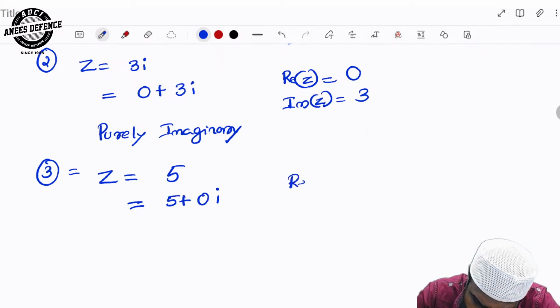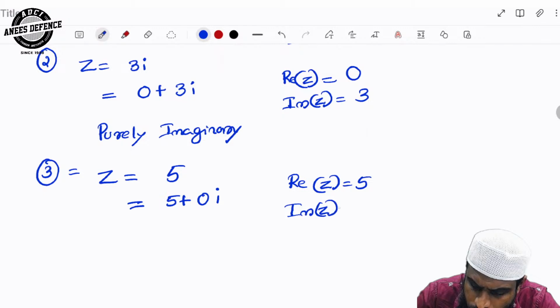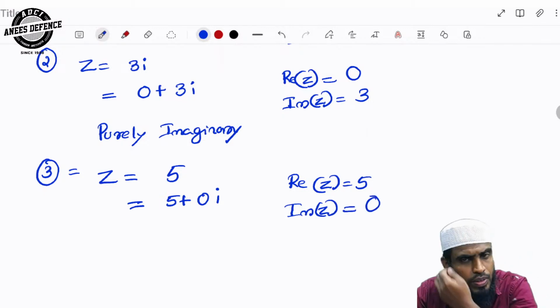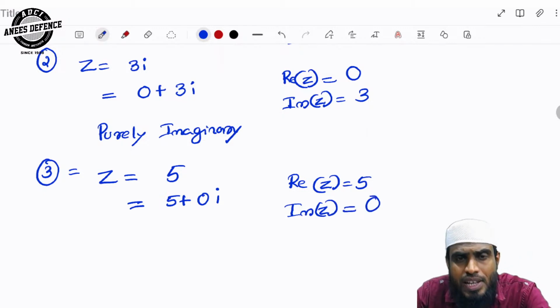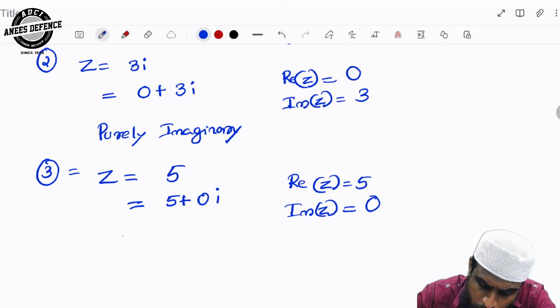So real part of Z is 5 and imaginary part of Z is equal to 0. So since there is only real part, this complex number we can call purely real.